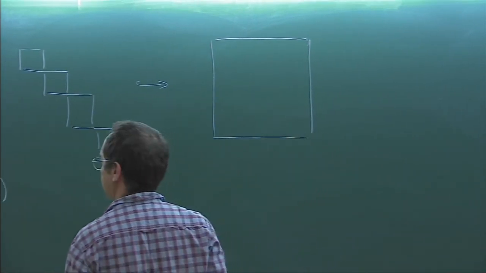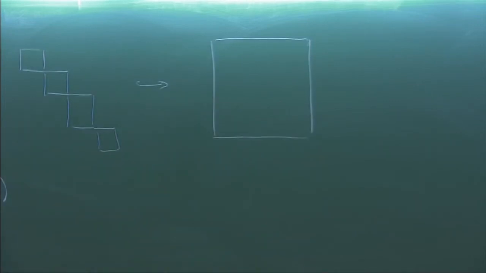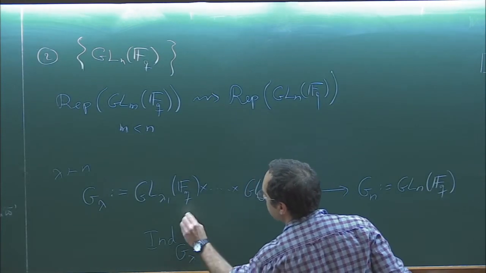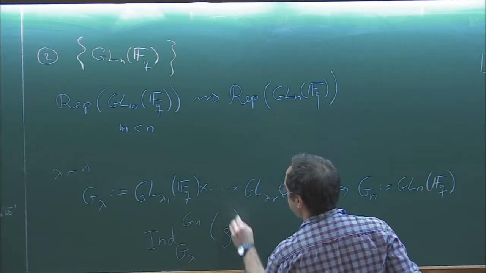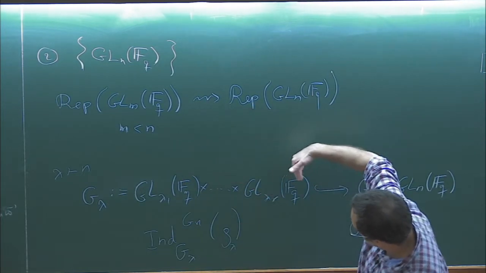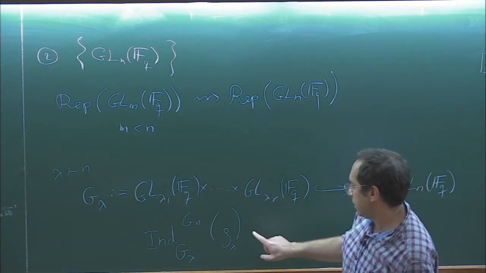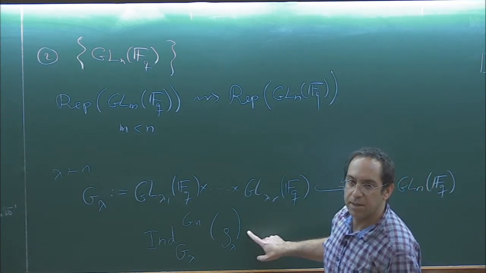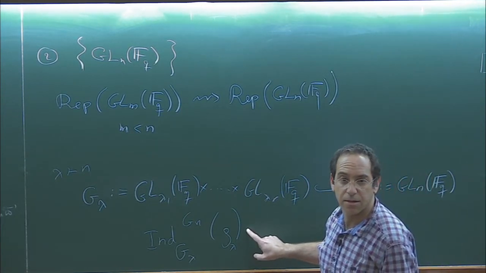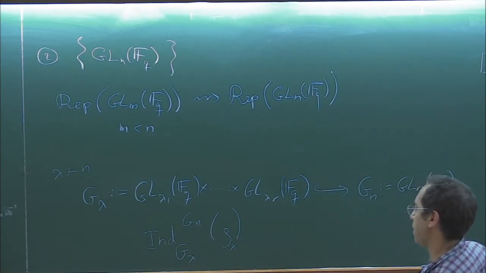Now, it turns out that if one induces irreducible representations of G lambda to Gn, where rho lambda again will stand for an outer tensor product of representations of all these groups, this induction becomes very messy, very difficult to control what's going on here.